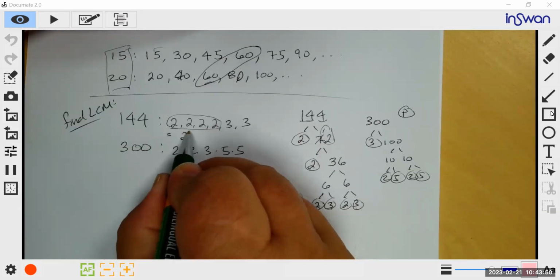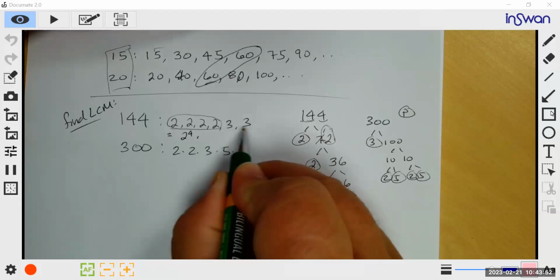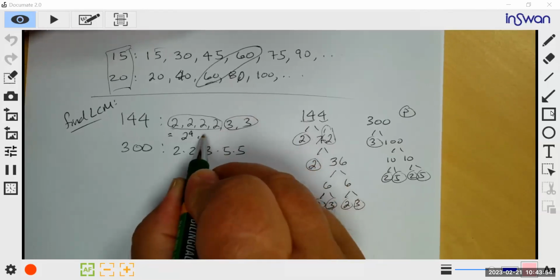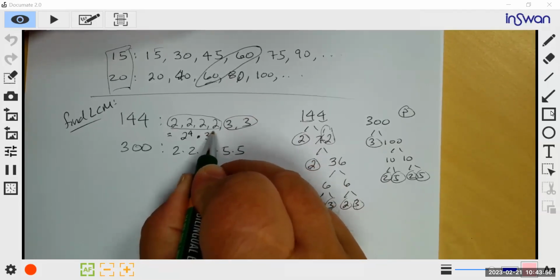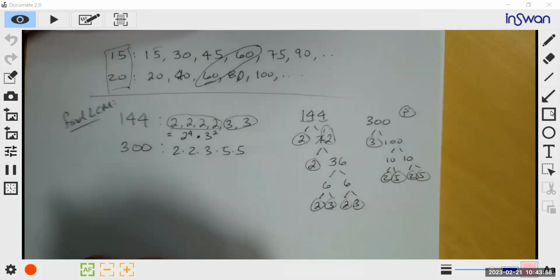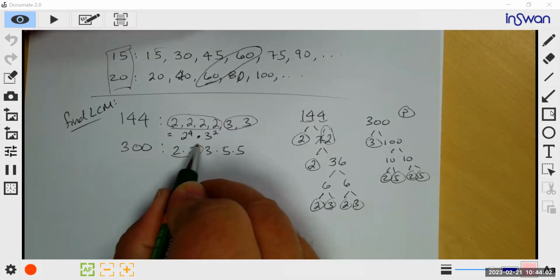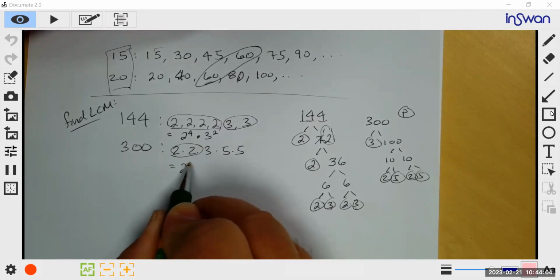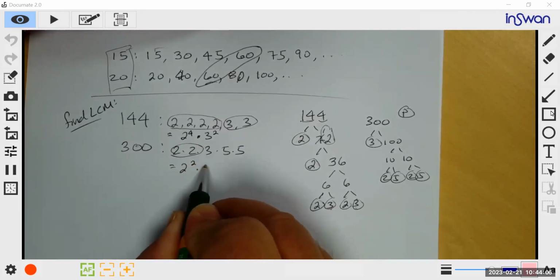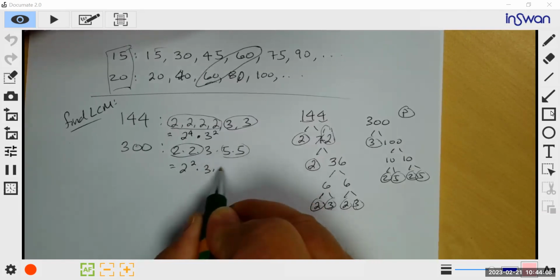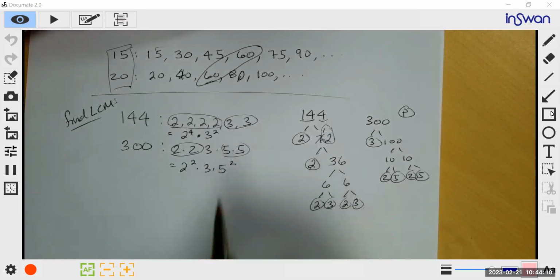So it's 2 to the 4th. How many 3s? We got 2 in 144. On the bottom one, we have 2 squared, 3, and then 5 squared.